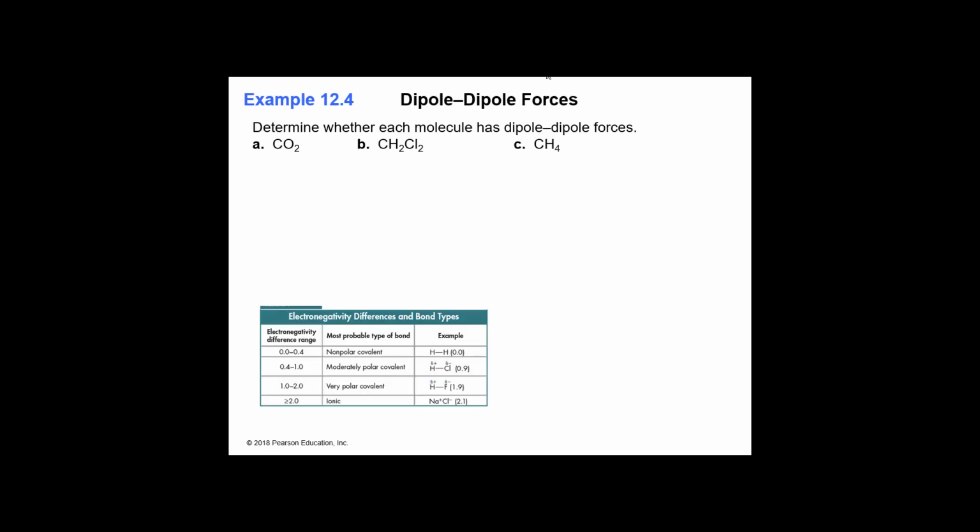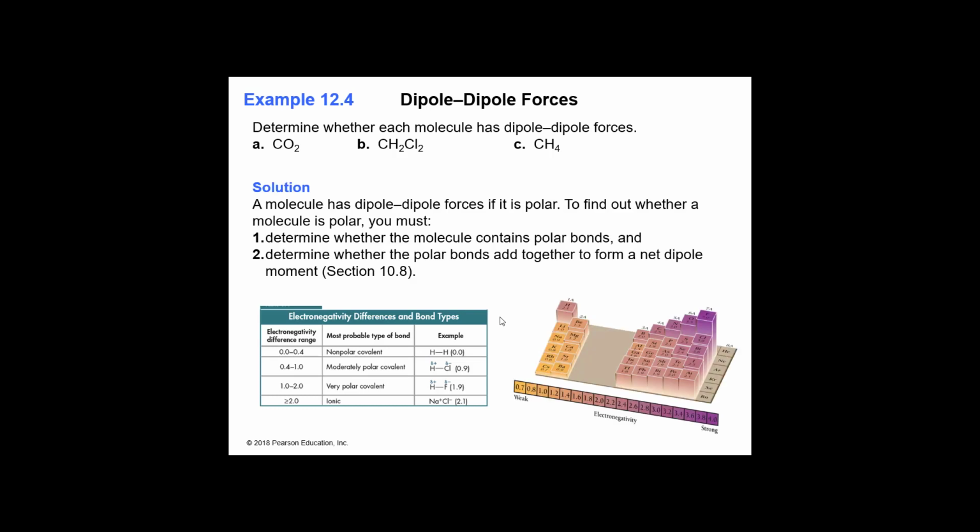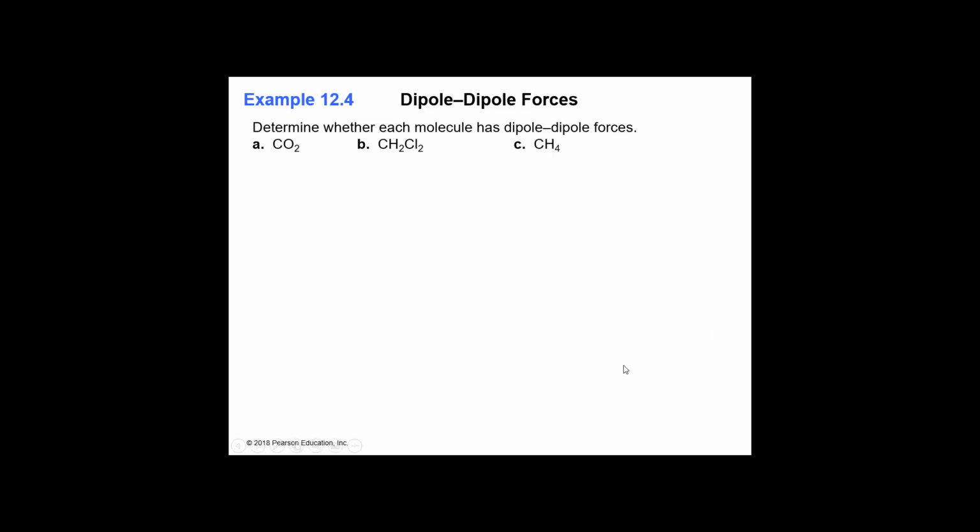Remember, we had to look at charts to look at the specific bonds, then the shape, and that tells us if we're dealing with something polar or nonpolar. So let's take a look at some examples. Determine whether these molecules have dipole-dipole forces. A molecule has dipole-dipole forces if it is polar. This goes back to section 10.8, and here are the electronegativities.